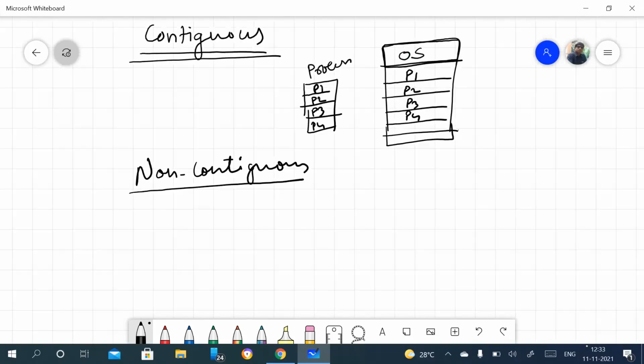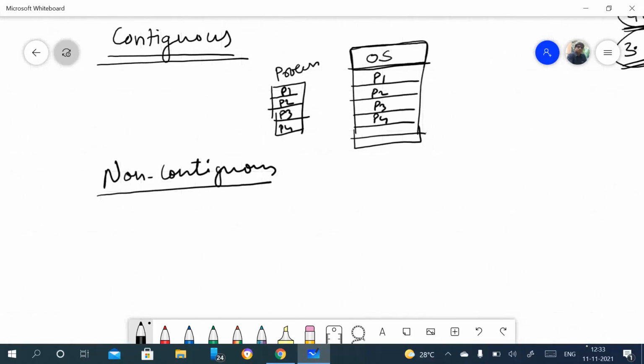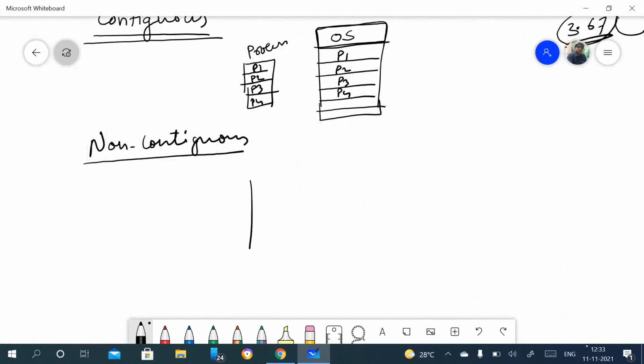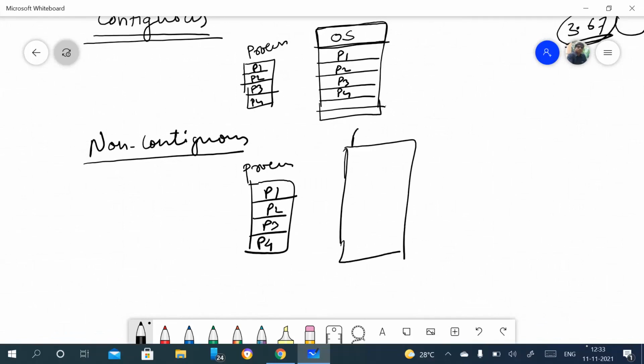Using the same example, suppose there are 4 processes. How can we keep these processes into the memory?